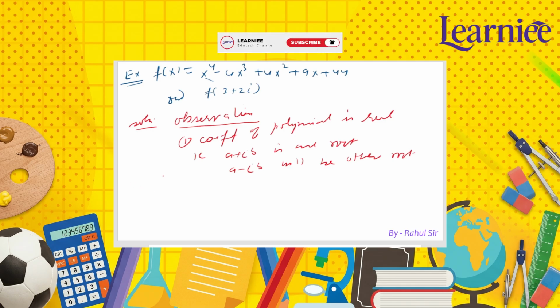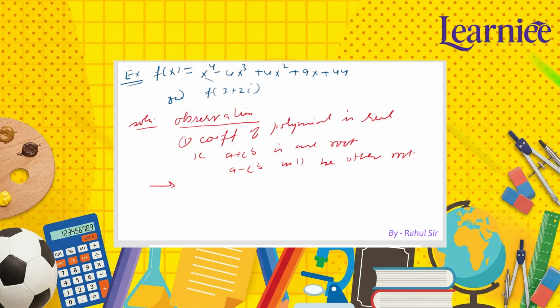See, they are asking to find f of 3 plus 2i. There is one interesting thing. Sometimes it is asked another way also, I will explain. But first, whenever you get a problem like this, try to first convert this polynomial in terms of a product of two polynomials. I will explain how.